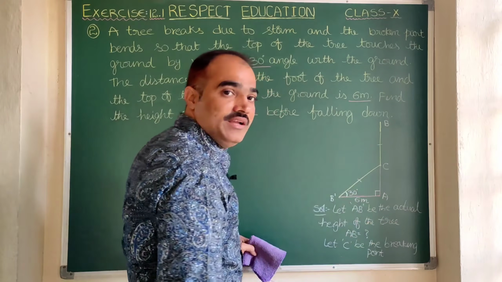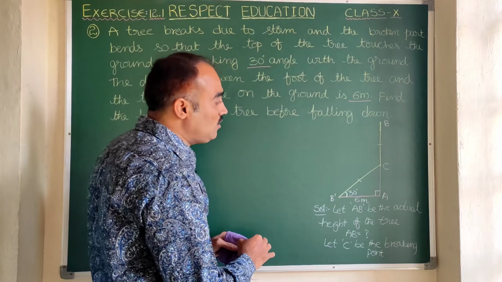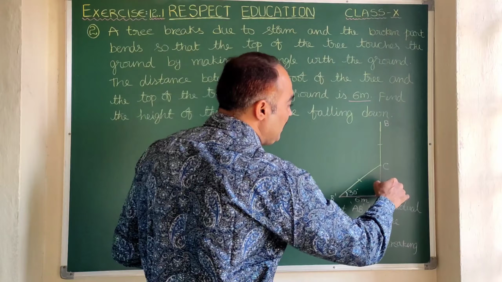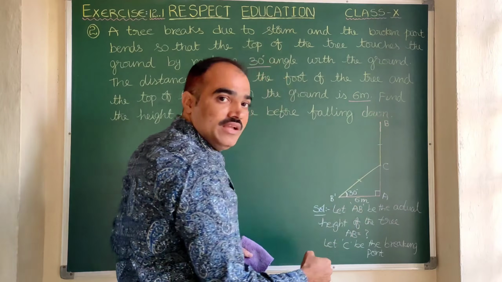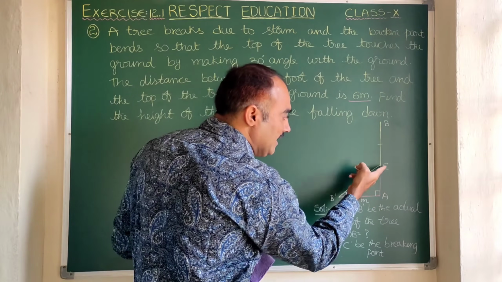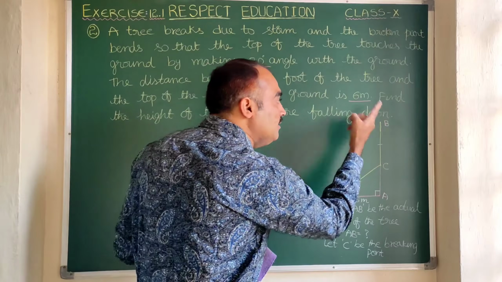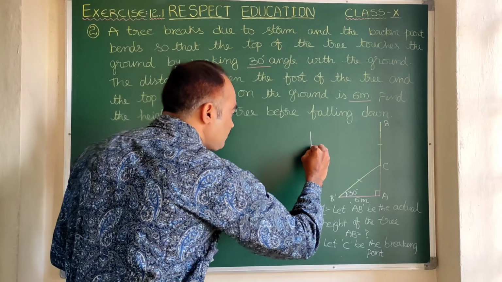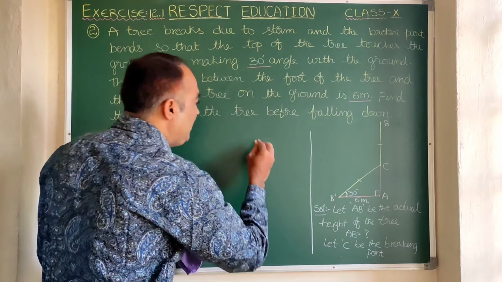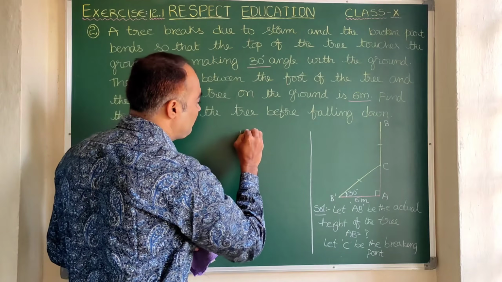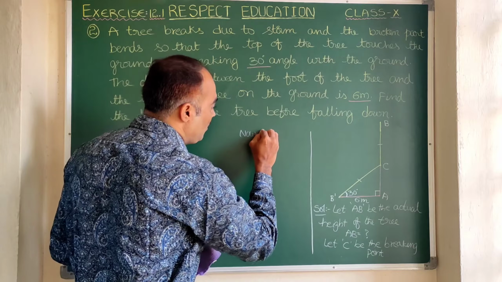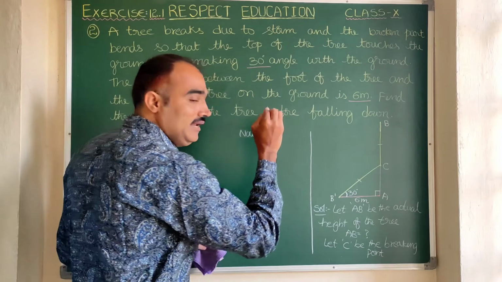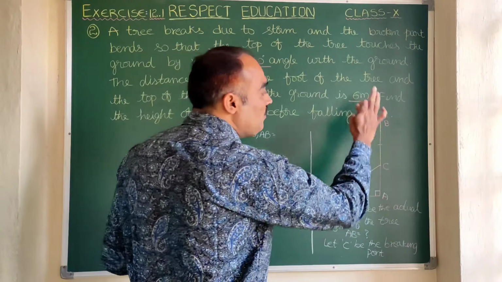CAB dash. Now here, what do we need to find? We need to find AB. For that we should find AC and then CB. In order to find AB, in a single shot we can't find AB.